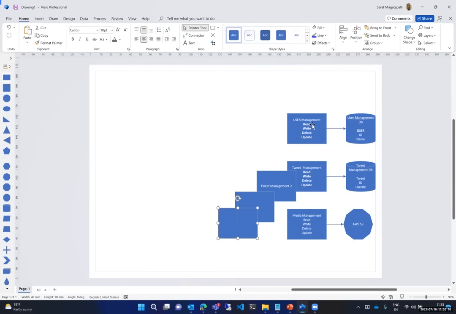This is the advantage, the goodness of microservice architecture. You are scaling only the module which is required to support your business need. Now, tweets are also having a lot of images and videos, so to support that, you have added one more instance of media management. The user base is the same.